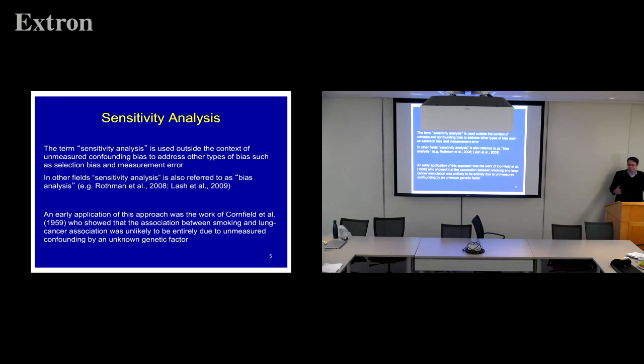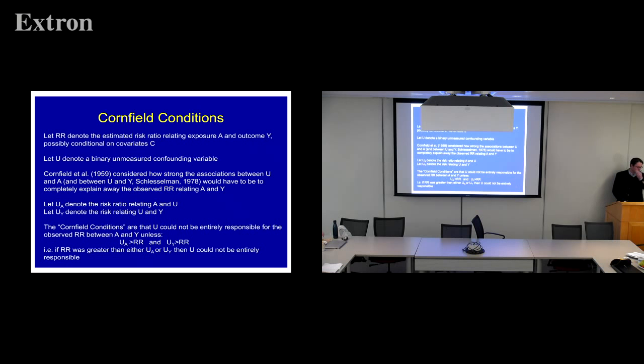There had been a number of studies during the 1950s that suggested a pretty strong association between smoking and lung cancer, with risk ratios of tenfold more likely to have lung cancer for smokers than non-smokers. There was a lot of skepticism that this was really causal, and rather famously, Sir Ronald Fisher had proposed that there was a genetic variant that was responsible for both smoking and lung cancer and might explain away the association.